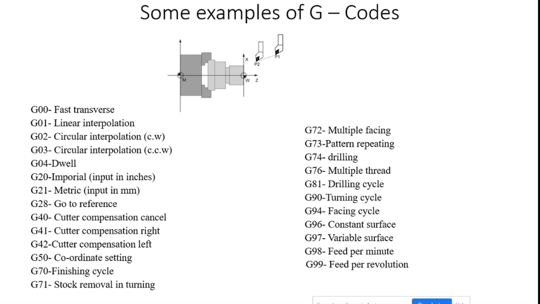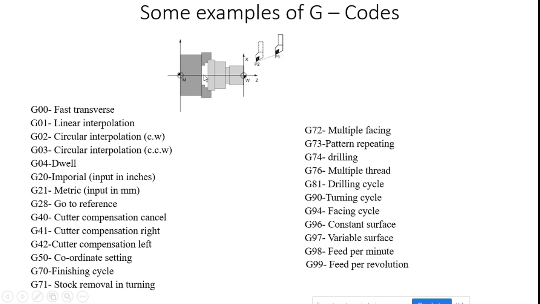First, G00 always means fast traverse or rapid traverse. What is meant by fast traverse? If you consider the tool moving from P1 to P2, I can utilize fast traverse because it is non-productive time, so I can utilize the maximum speed to traverse the tool from point P1 to P2.